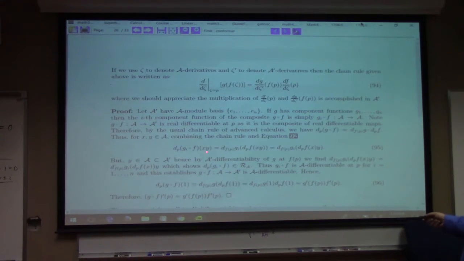And then what's left is I need to prove the right linearity of the differential. And so that follows pretty fast because that pops out. But then I can pull the y out because we're assuming that g is A' differentiable. So I can pull the y out, I think, is what I argue here. Yeah. And then, of course, when we plug in 1, we get that. So that's the chain rule.